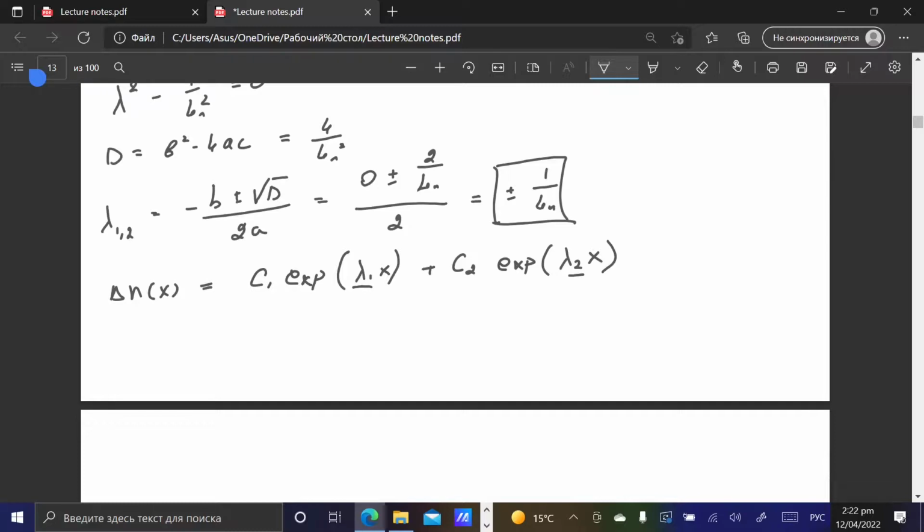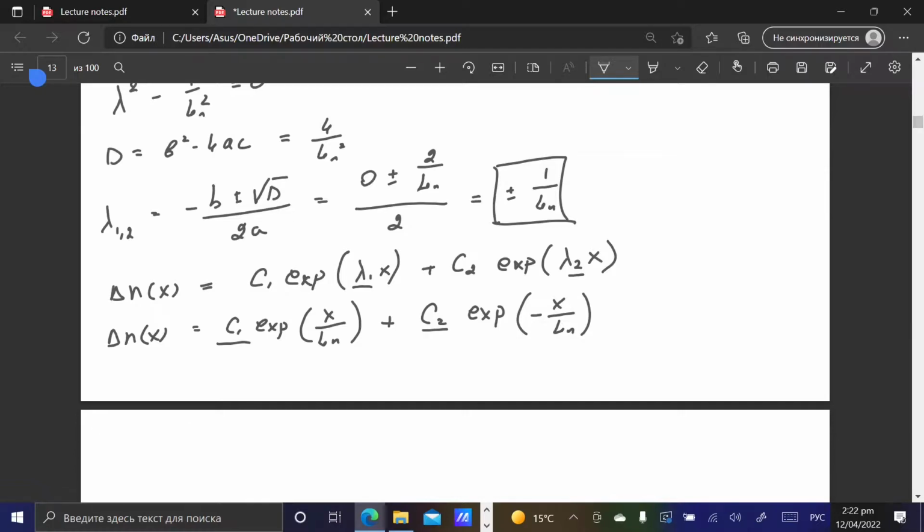It will be delta n as a function of x equal to C1 times exponent x divided by Ln, plus C2 exponent minus x over Ln. So this is the general solution of our differential equation, but we need to determine these constants C1 and C2.